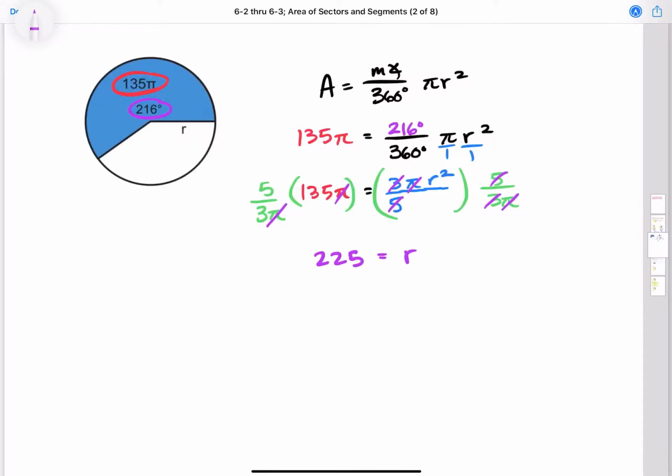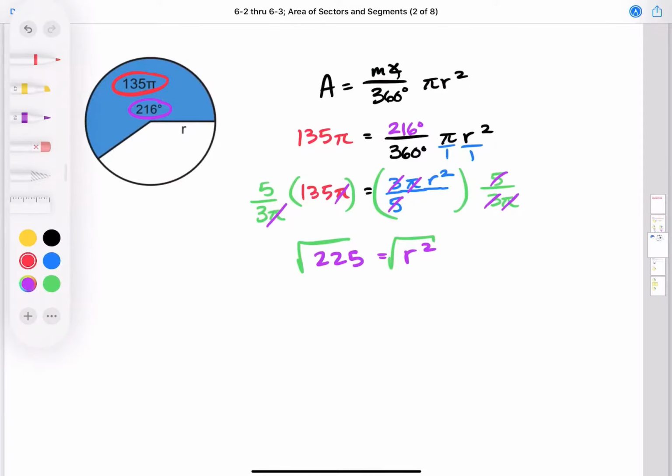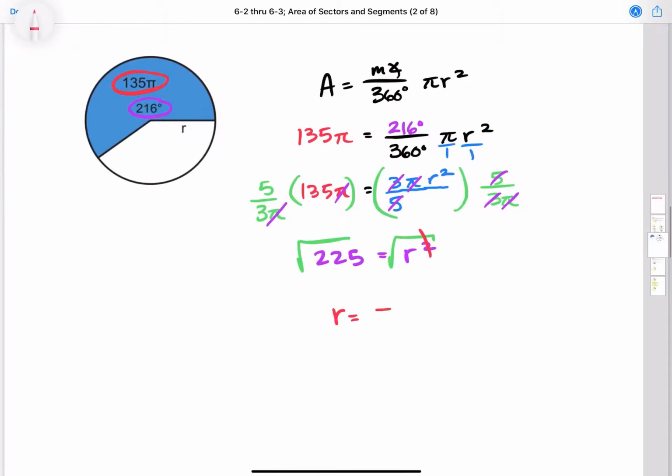And now that's equal to r squared. And then last but not least, to get rid of that square, we'll go ahead and do the square root on each side. So we'll square root both sides, and that way the square and the square root will cancel each other out, leaving us with r is technically plus or minus 15. But remember, we can't have a negative length, so r is just going to be the positive 15.